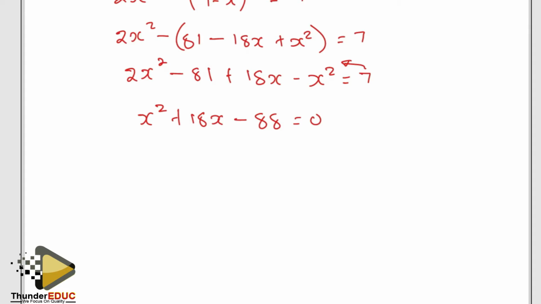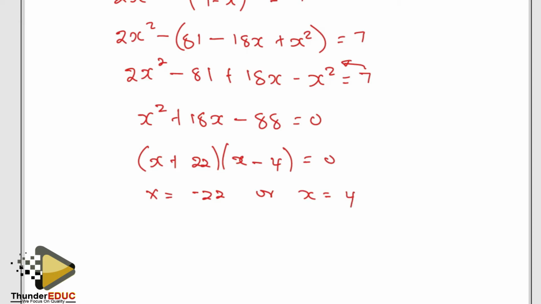Let me see what I get from my calculator. Okay, I'm going to use x. I'm gonna use 22 and 4. Okay, since this is a plus, this is a minus, is equal to 4. Okay, so which means x is a negative 22 or x is a 4.